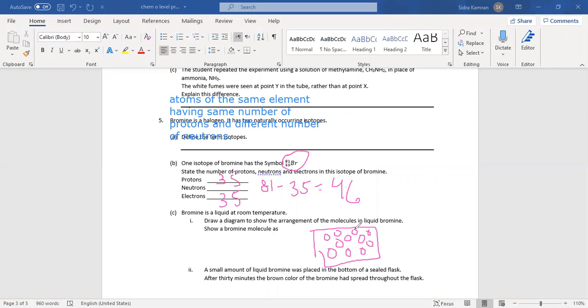The molecules of gases are very far away from each other, because they do not have strong intermolecular forces. Liquid has intermolecular forces higher than gases and weaker than solids. So you just draw the structure like this, showing liquid molecules of bromine. Next question.